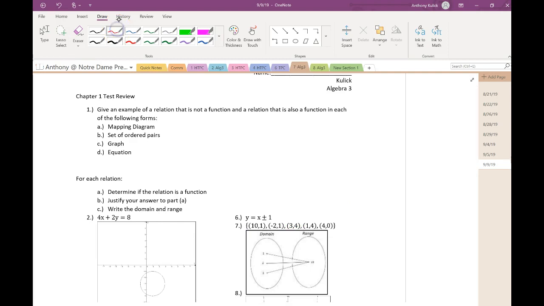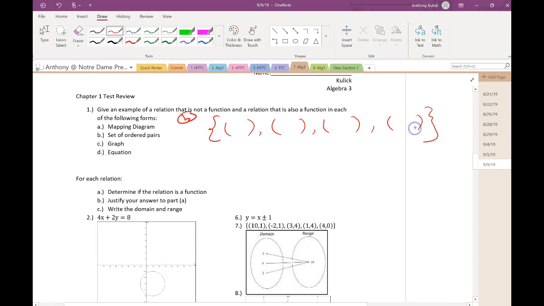So what's it going to look like if it is a function? Great. So does anything else matter other than that? No. Does it matter what x values you pick? Does it matter what y values you pick? Just no repeat of the x's.